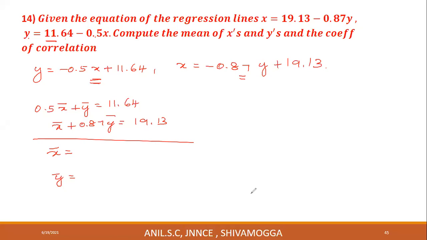Yes, that's right. X bar is 15.93, and what is the next digit? 6. Okay, approximately 15.94. And y bar is 3.67.